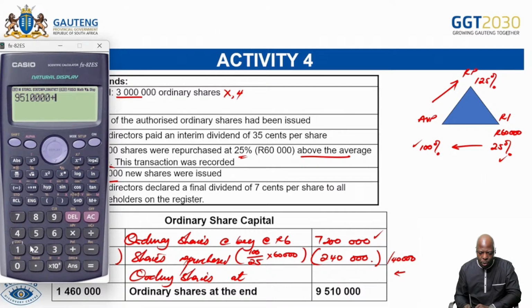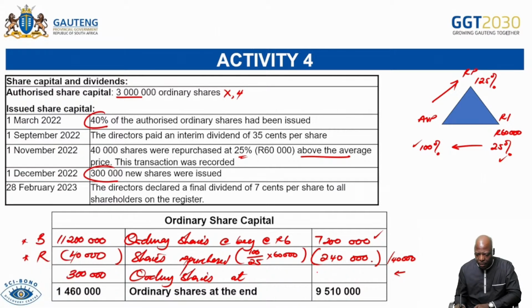We go up, we add 240. Then we say minus 7.2, like that. And then that will give us our 2,550,000. And then the question is complete.